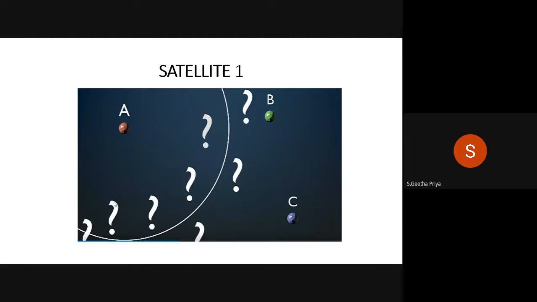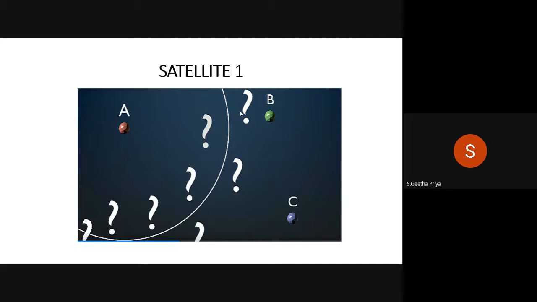So your position may be anywhere in this orbit. After finding the orbit of satellite one, you can see the question marks here. These are the positions where you may reside on the Earth. So by this you can't find the exact position on the Earth, right?